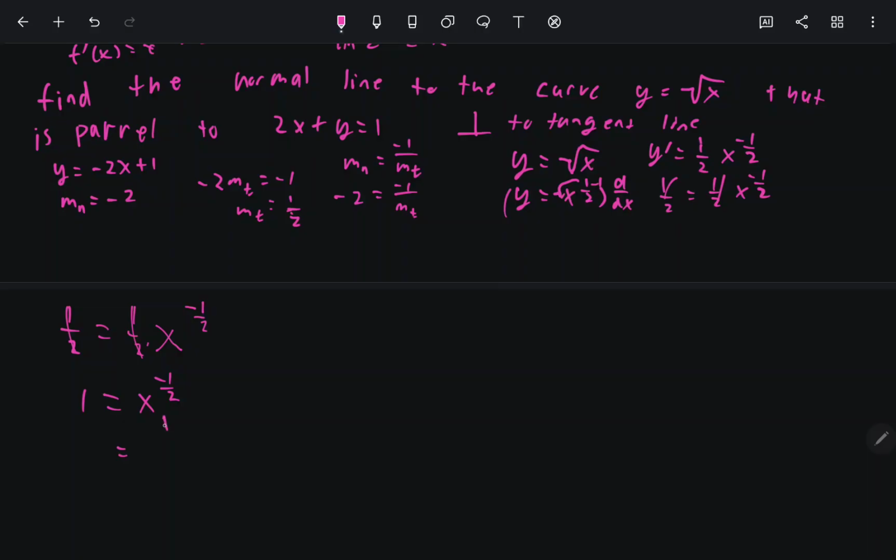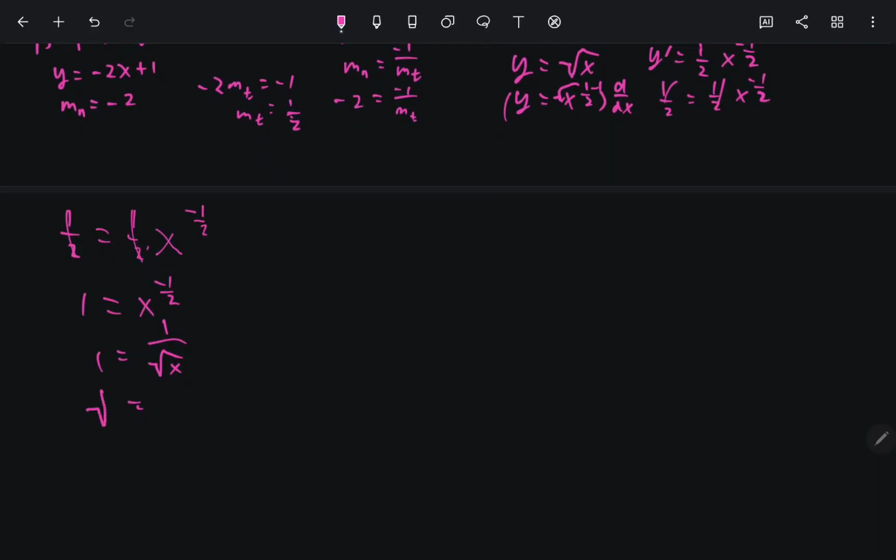Well, this is really just the same thing as 1 over the square root of x is equal to 1. Let's multiply both sides by the square root of x, so the square root of x is equal to 1. Square both sides, and we get x is equal to 1.